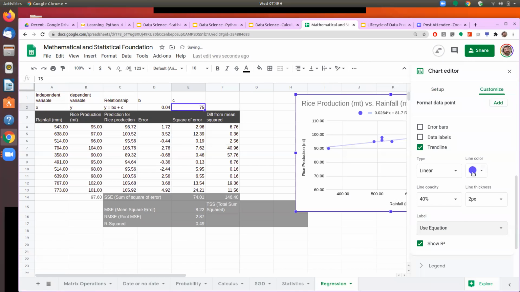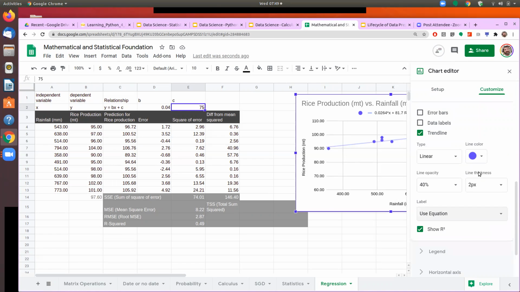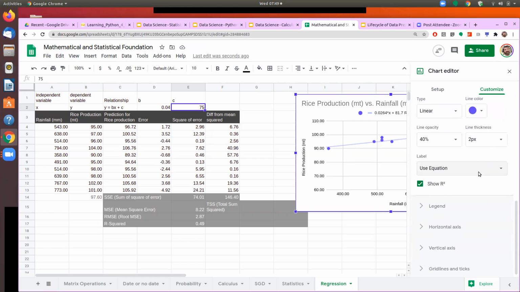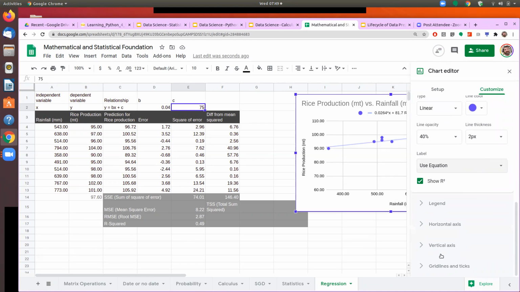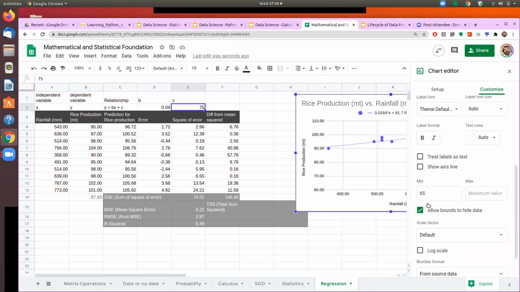So we say use equation. Now, just to have a better visibility now that we know that it is all above 90, let's also fix the vertical axis. I'll set the lowest value as say 85.